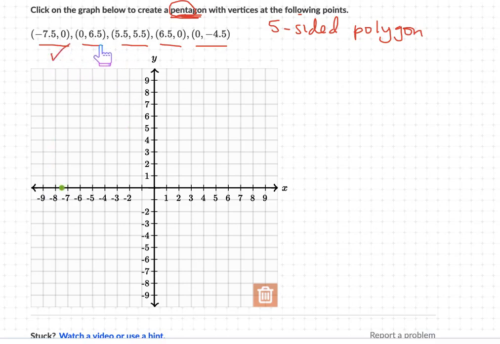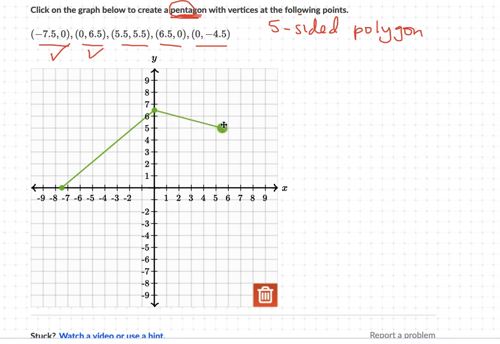Second point, same thing, start at my origin. Ooh, it connects it for me, so that's good. Start at my origin, there's no walking, so I stay here, but I'm going to fly up to 6.5. That's my second point. Third point is starting at the origin, walking to 5.5, and then flying up to 5.5.